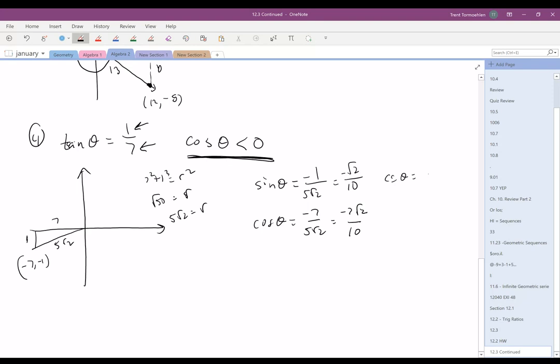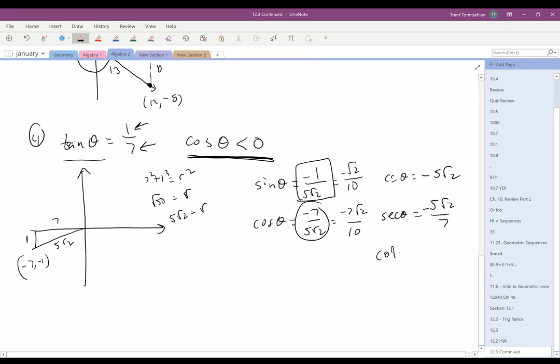Cosecant of theta just turns out to be negative 5 root 2, right? The reciprocal of this is that flipped over, which is 5 root 2 over negative 1, which is negative 5 root 2. Secant of theta is the reciprocal of cosine, and so it's just going to be negative 5 root 2 over 7. We already know the tangent of theta is 1/7, so that means the cotangent of theta just turns out to be 7.